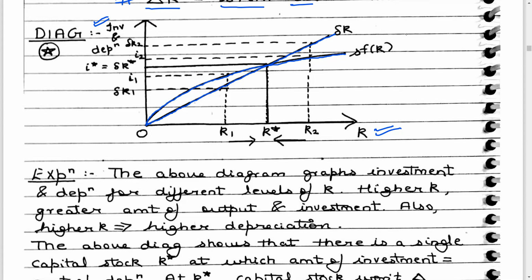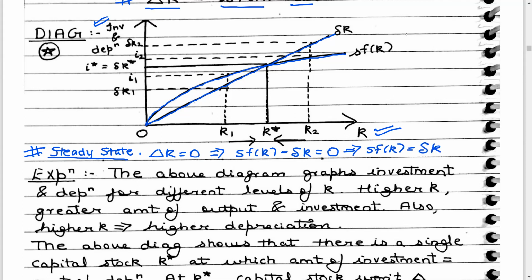So steady state is defined as that state in which your change in capital stock is equal to 0. So steady state condition is change in the capital stock per worker is equal to 0, which implies investment minus depreciation equal to 0, which implies your savings is exactly equal to depreciation.